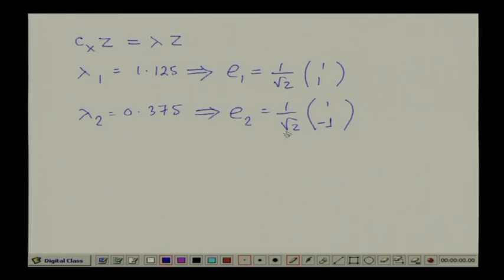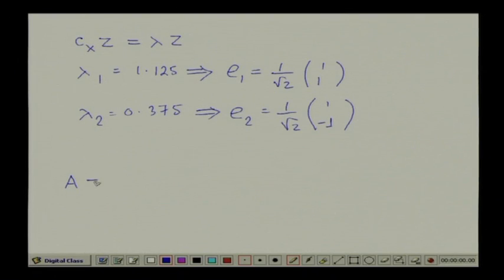So, once we get these eigenvectors, we can formulate the corresponding transformation matrix. As we said, we get the transformation matrix A from the eigenvectors of the covariance matrix Cx, where the rows of the transformation matrix A are the eigenvectors of Cx, such that the first row is the eigenvector corresponding to the maximum eigenvalue, and the last row is the eigenvector corresponding to the minimum eigenvalue.